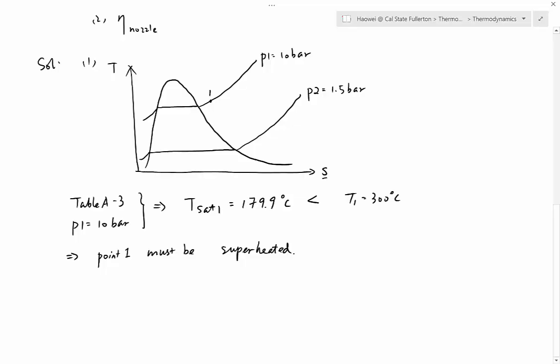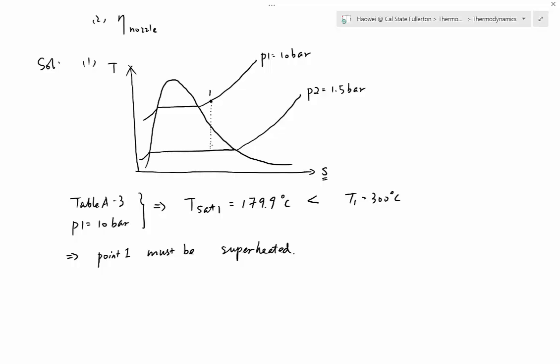And entropy S is actually my x coordinate. So if your x coordinate does not change, it must be a vertical line. So 1 to 2s must be a vertical line. If that's the case, 1 to 2s goes straight down. Point 2s must be a mixture because it is within the dome.